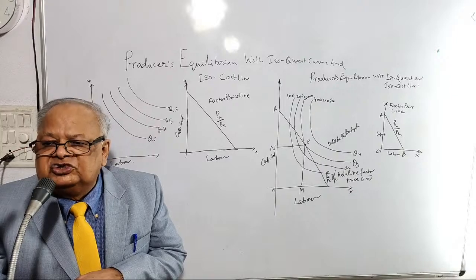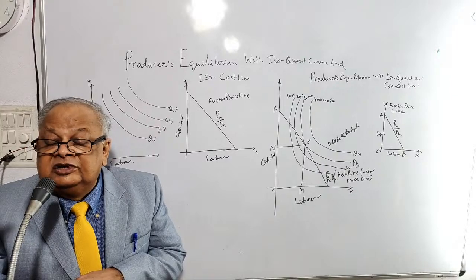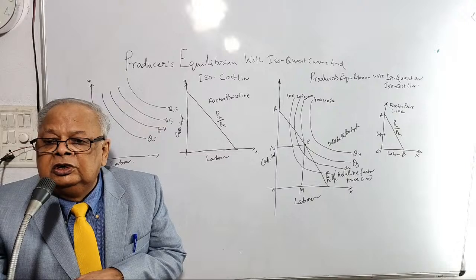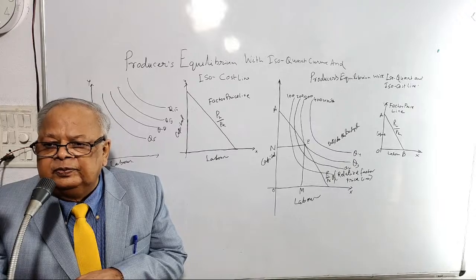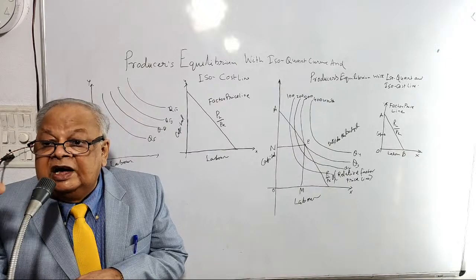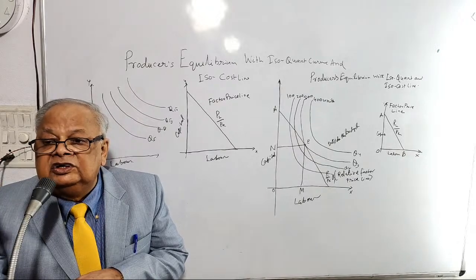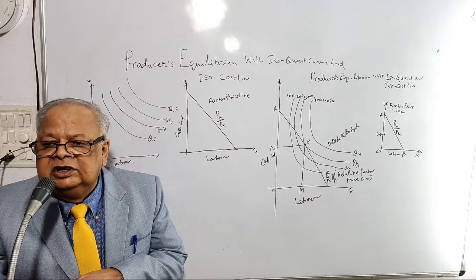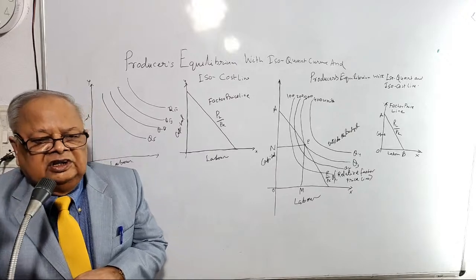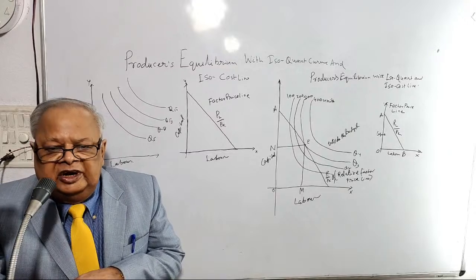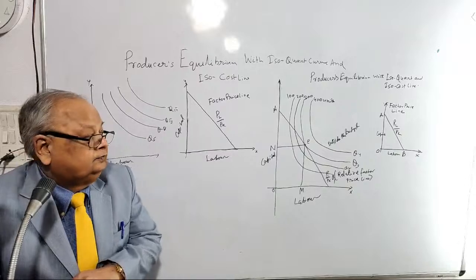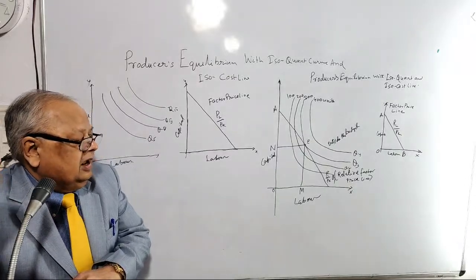His productive capacity enables him to produce at Q3 isoquant at point E. Factor price line, that is known as iso cost line, is tangent to isoquant at point E in the diagram. Therefore, producer's equilibrium is obtained at point E in the diagram.